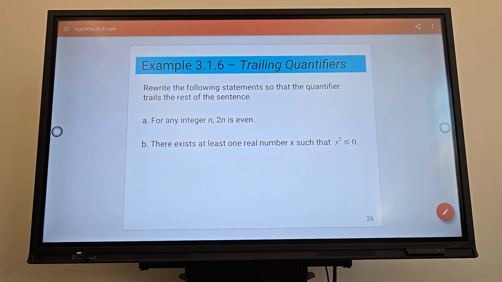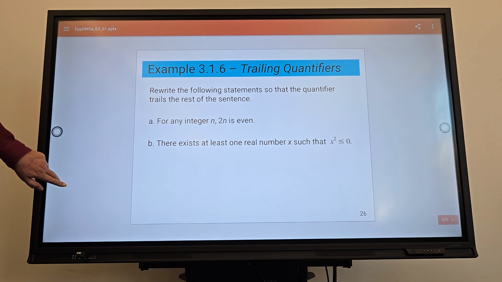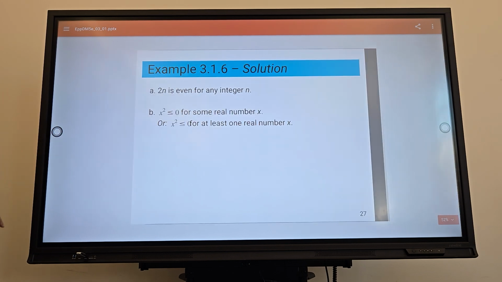There exists at least one real number x such that x squared is less than or equal to 0. How would you put that in with a trailing quantifier? x squared is less than or equal to 0 for at least one real number x. Okay?